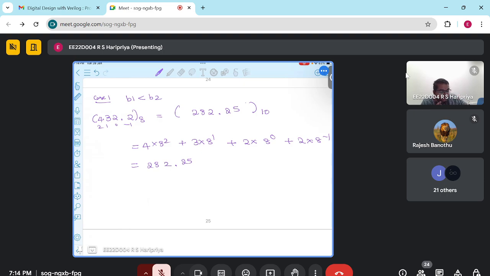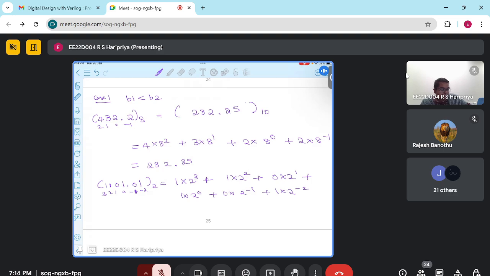So this way you can convert any number system lesser than 10 to the decimal number system. Now again, if you want to convert this binary number to the decimal number system, it will be 1 into 2 to the power 2, plus 0 into 2 to the power 1, plus 1 into 2 to the power 0, plus 0 into 2 to the power minus 1, plus 1 into 2 to the power minus 2.